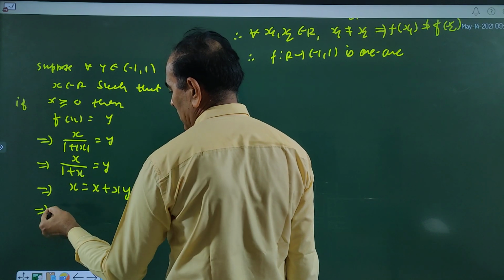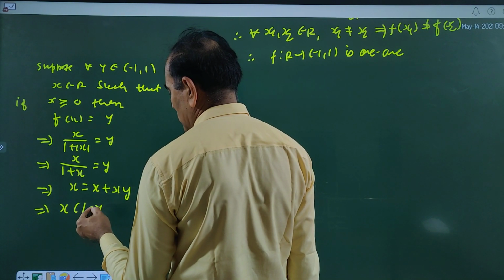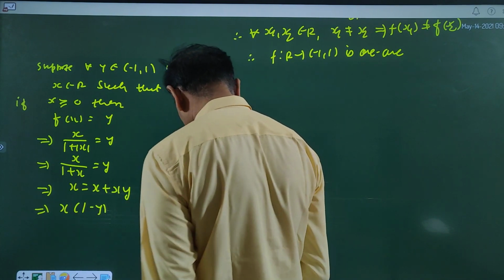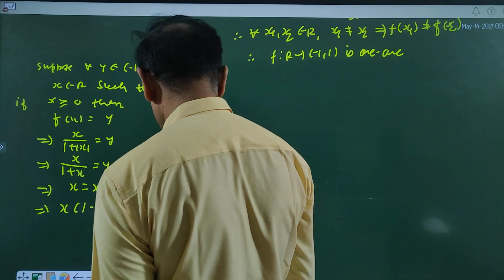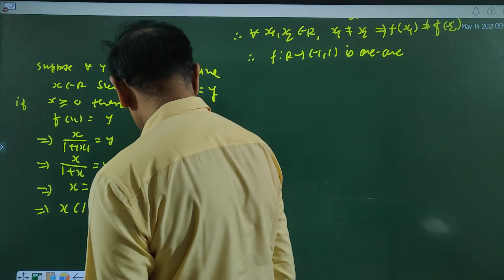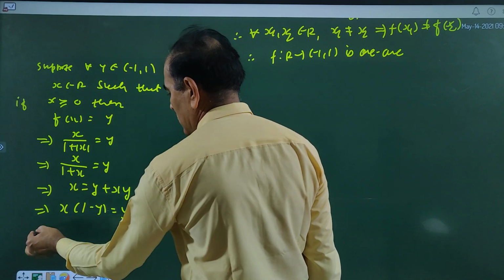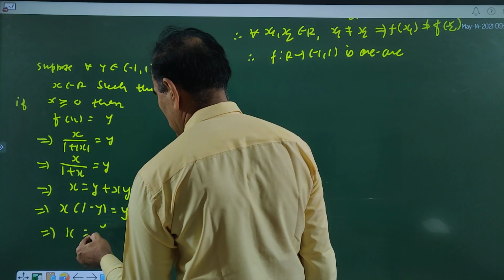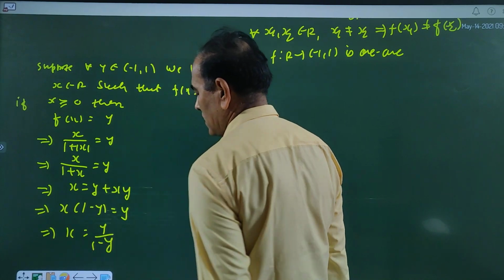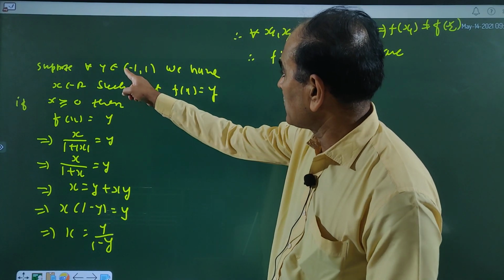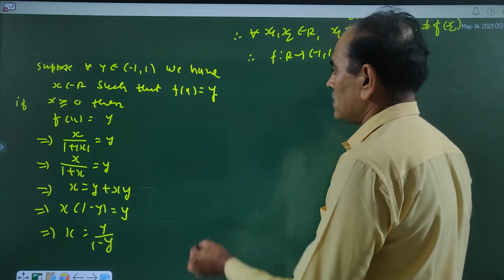Take xy on the left hand side and take x common, so x times 1 minus y is equal to y. So x is y over 1 minus y. y is not equal to 1, because we are taking minus 1 to 1.